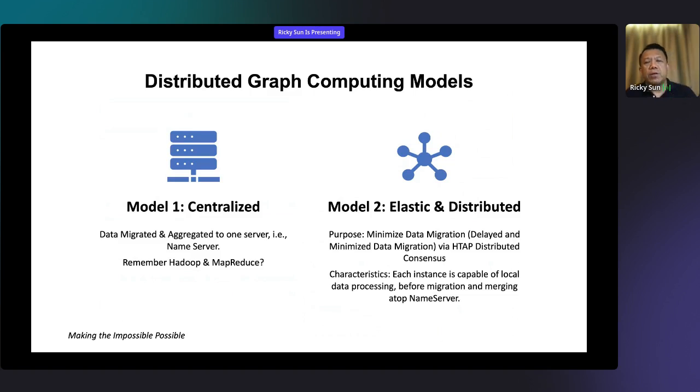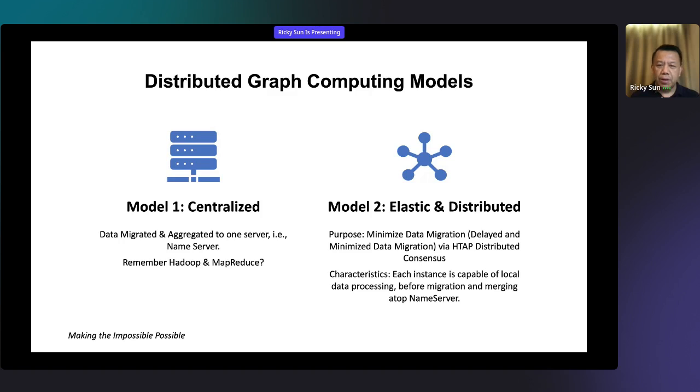So let's summarize. For distributed graph computing models, there are actually two major schools: Model 1, Model 2. Model 1 essentially, even if it's distributed, it's still centralized. Why? Because a lot of data are migrated and aggregated to one server, like the name server, right?